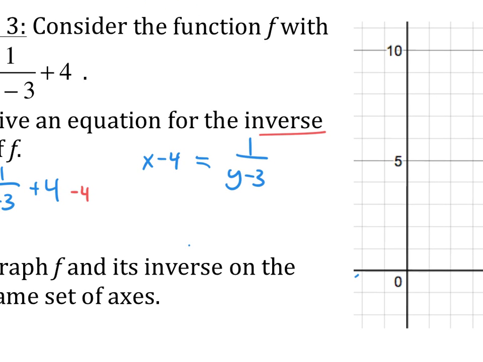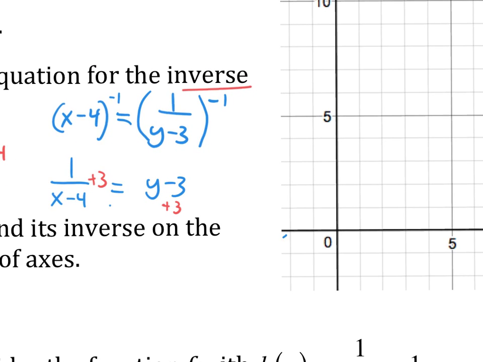Now, the next thing it says is to take the reciprocal. If you want to know what that looks like algebraically, it just says put a -1 there, which means if I put a -1 as an exponent here, I now get 1 over x minus 4 here, and over there I get y minus 3. And the last thing I have to do is add 3 to both sides.